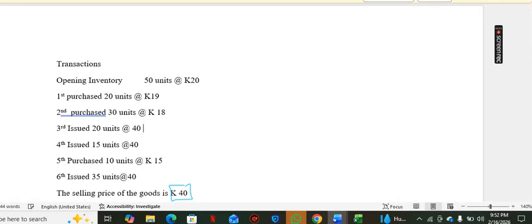Here we issued 20 units at 40, so we're going to say 20 times 40 equals 800. Here 15 times 40, 600.